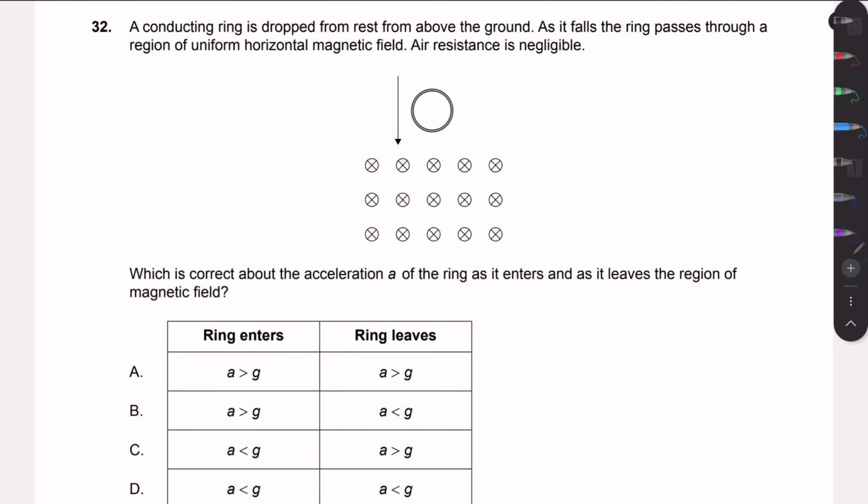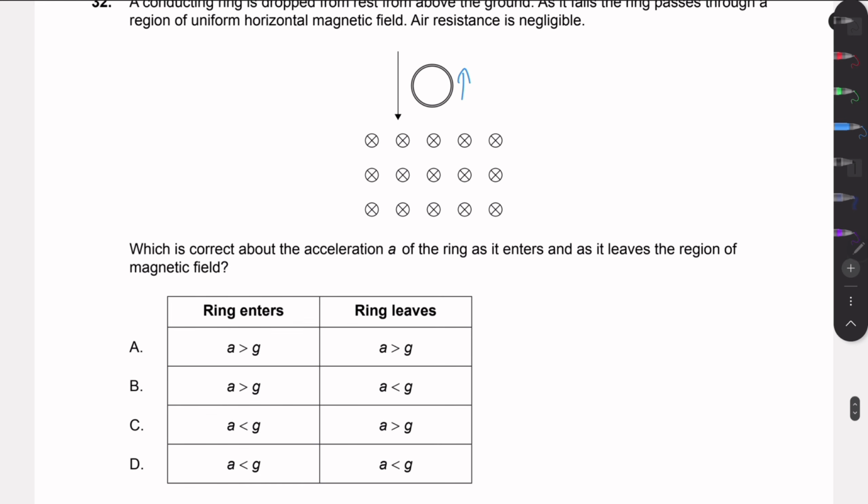Due to Lenz's law, the induced EMF will be in such a way to try and keep it out of the magnetic field, as it wants to return to its original state. So the force will be upwards, meaning as it enters, the acceleration will be smaller than g, as we will have a force upwards and we'll have gravity. If it was only gravity, it would be g, but we have a force also upwards, so the net force will be smaller than g.